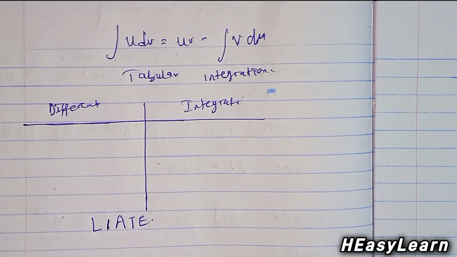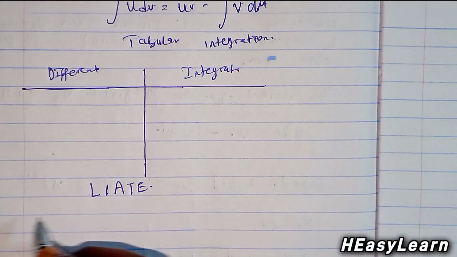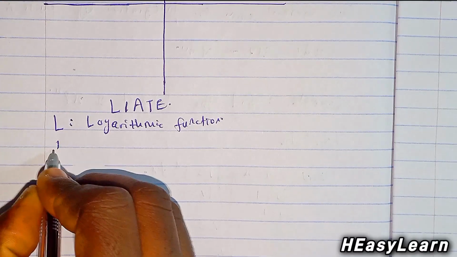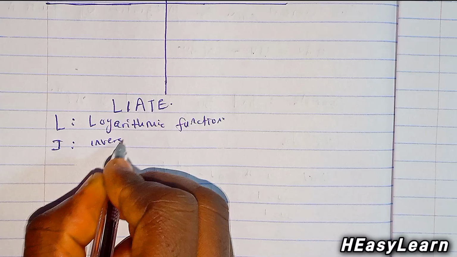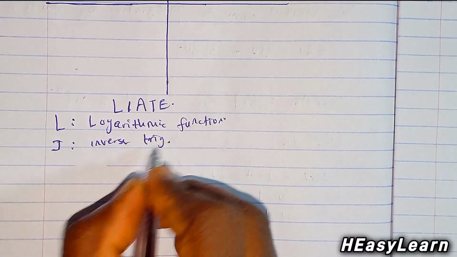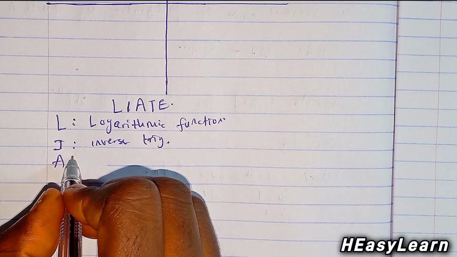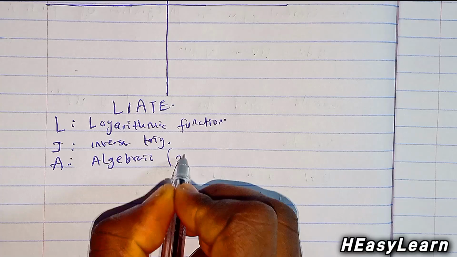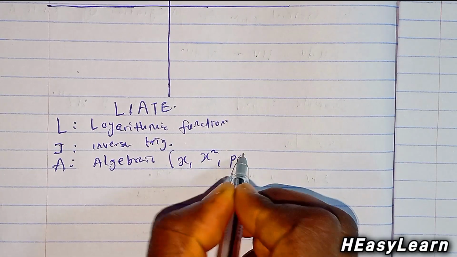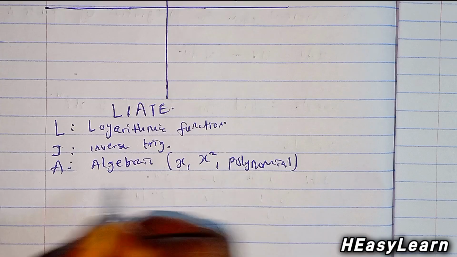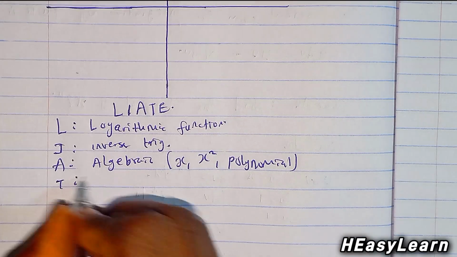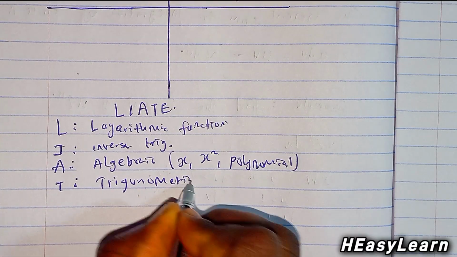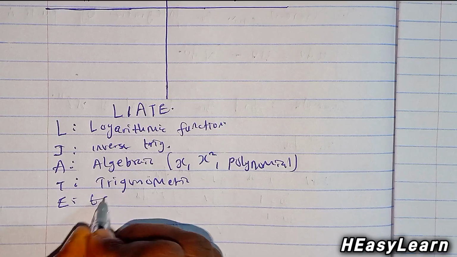LIATE to check which function to differentiate and which function to integrate, where L stands for logarithm functions, I is the inverse trigonometric function, A is the algebraic function, in this case a polynomial function such as x squared, T is the trigonometric function, and E is the exponential function.